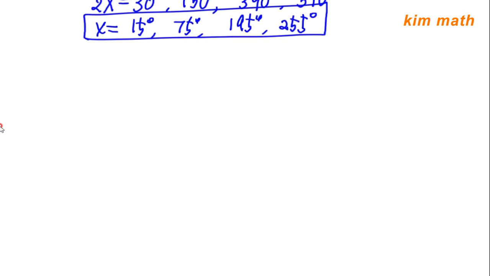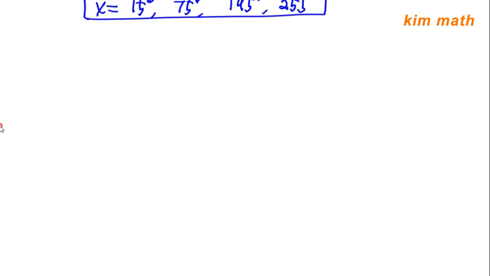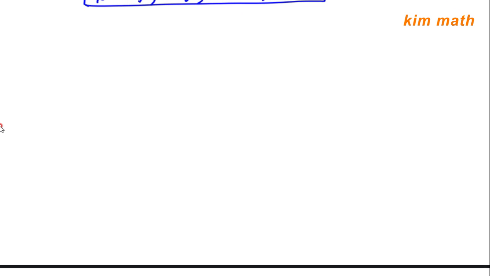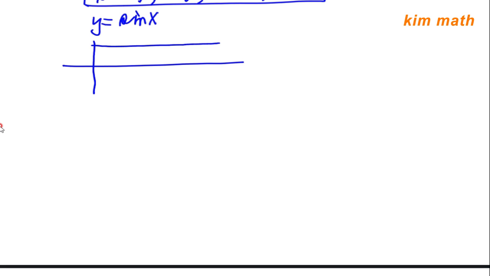So let me briefly summarize one more time. If you have y equals sine of x, you can sketch the graph. When you sketch a graph, I think making a grid line or frame can be a good idea.